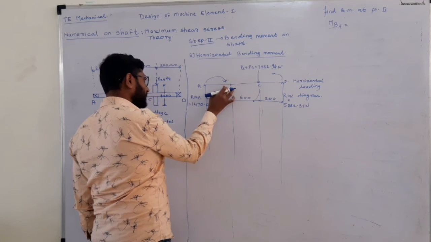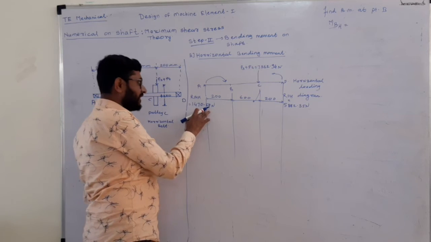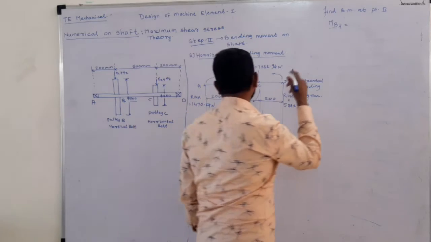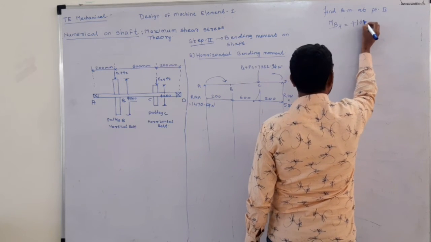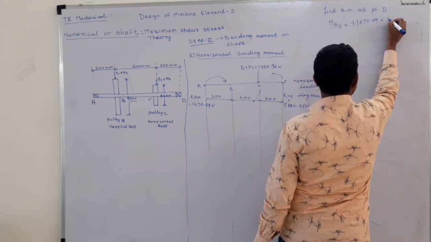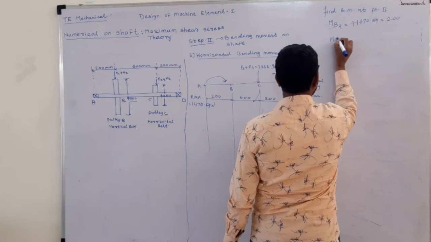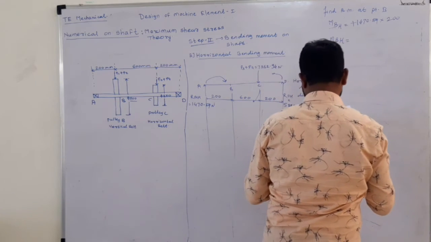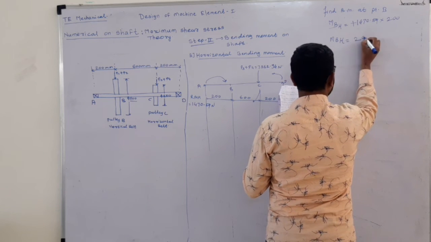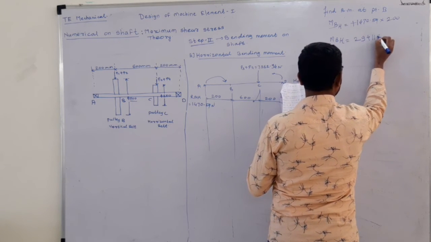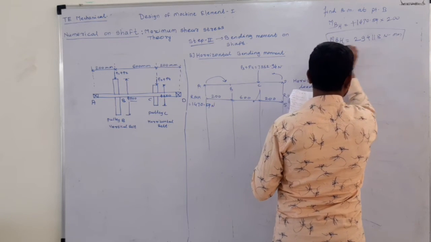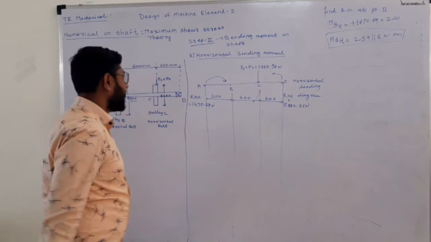So here the left side force is 1470 and it is acting clockwise. Left side force clockwise is positive. So positive 1470.59 into 200, you will get MBH is equal to 294118 Newton mm.